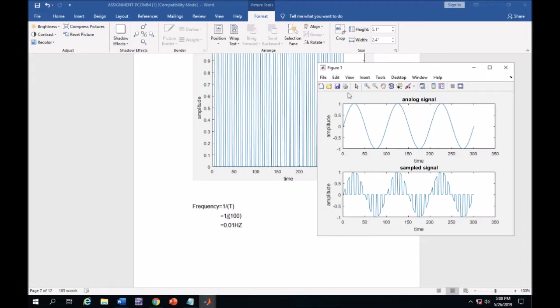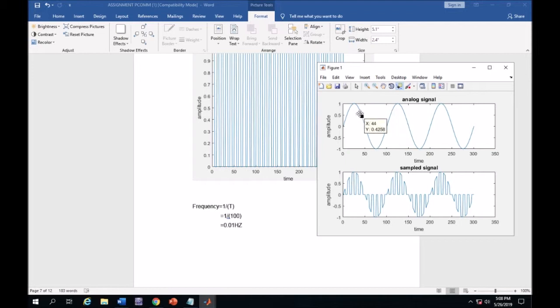Okay, from the MATLAB, how to get the frequency, and we put this plot. One cycle, we get 126.